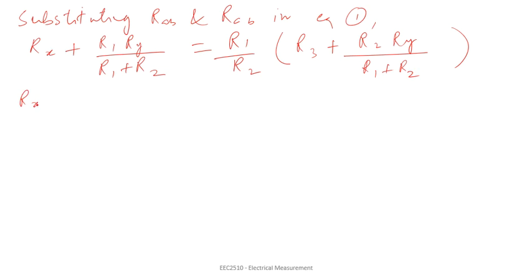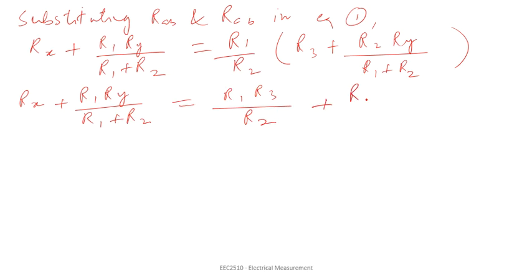If you simplify this, what you will get: Rx plus R1 Ry over R1 plus R2 equals R1 R3 over R2 plus R1 R2 Ry over R2 times R1 plus R2.